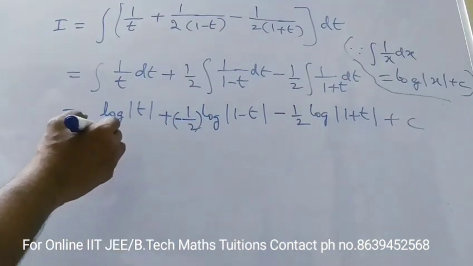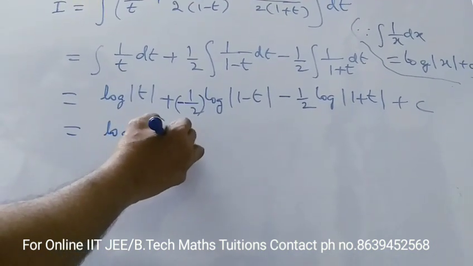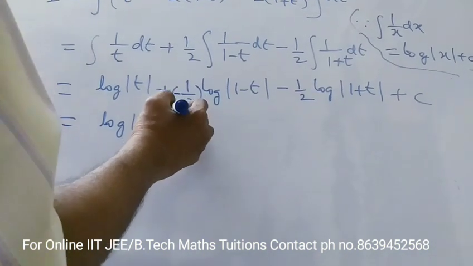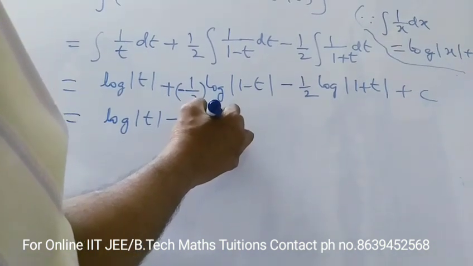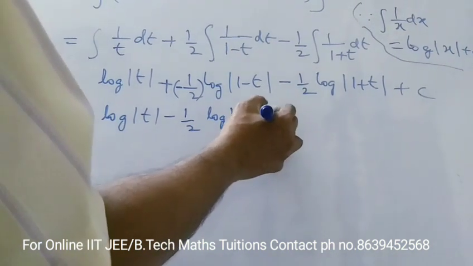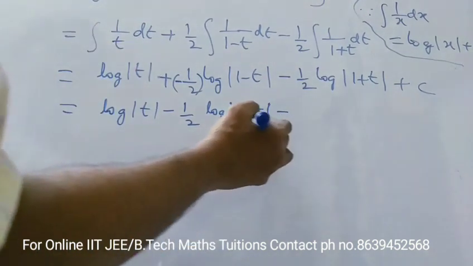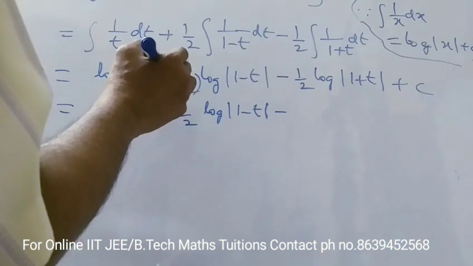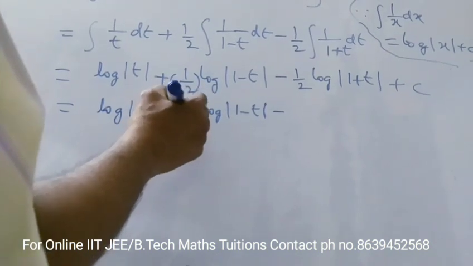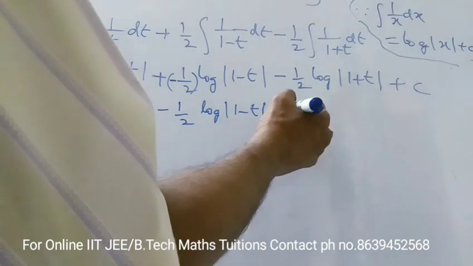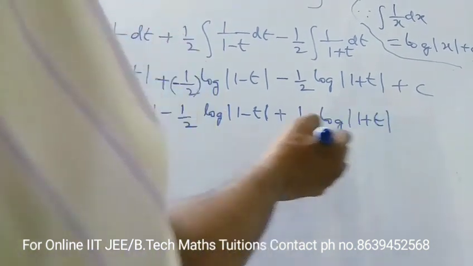Now taking minus as a common factor, we get log modulus t minus 1 by 2 of log modulus 1 minus t plus 1 by 2 of log modulus 1 plus t plus c.